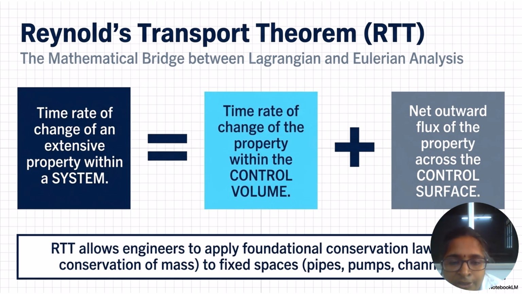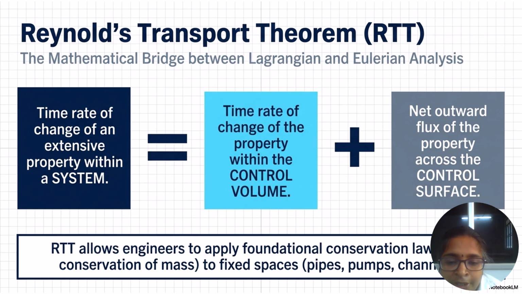And the next one is Reynolds transport theorem, which bridges the gap between the Lagrangian method of analysis and the Eulerian method of analysis. This Reynolds transport theorem allows engineers to apply foundational conservation laws, that is conservation of mass, to fixed spaces such as pipes, pumps, and channel flow.